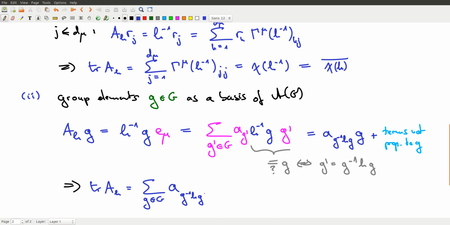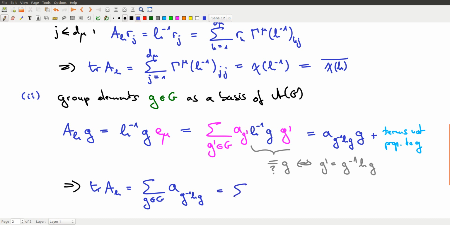Okay, so what do we sum? What do we get? We get the coefficients for all the elements that are in the same conjugacy class as H, because we are conjugating H with all the group elements.